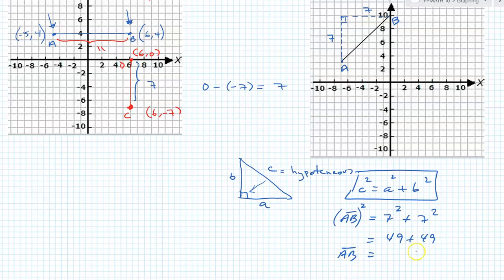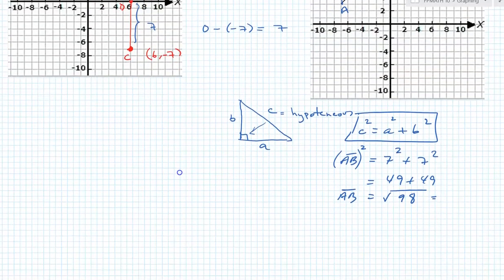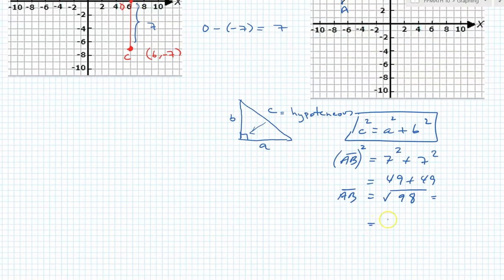So what should we do to undo the exponent 2? We have to take the square root. And that's what we're going to do. We're going to take the square root of 98. Now, remember, if you know your simplification of radicals, you can simplify 98 as a mixed radical, and that is basically 2 times 49, and basically that becomes 7 root 2.